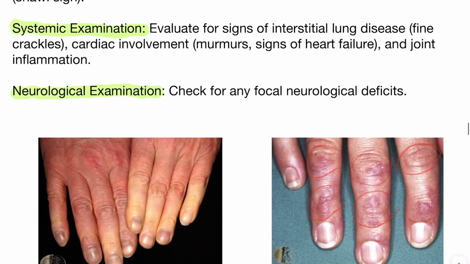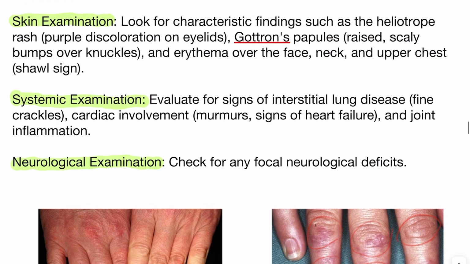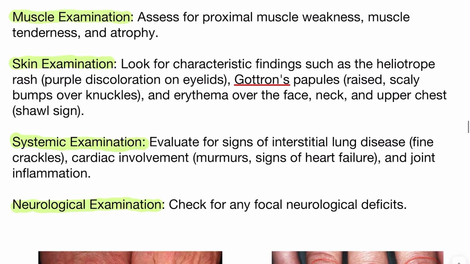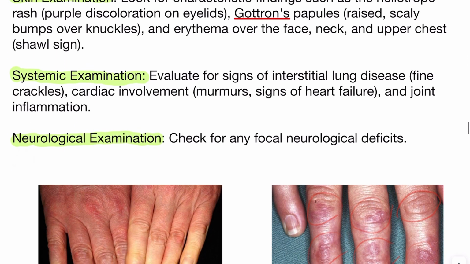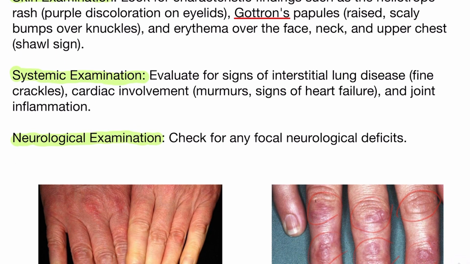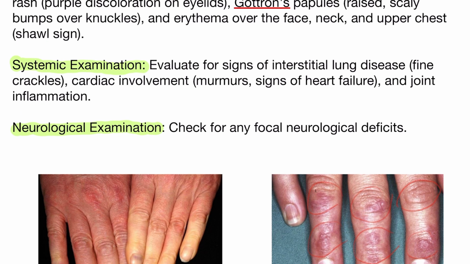So then, after doing the muscle examination and skin examination, we want to do the systemic examination as well, considering the other complications of dermatomyositis. So evaluate for any signs of interstitial lung disease.